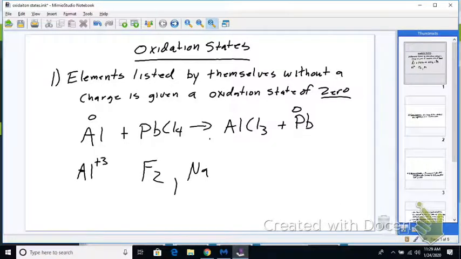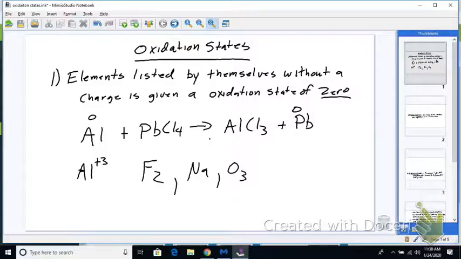I think you get the drift of it. Ozone, O3, 0. It's only not 0 if they have a plus or minus on the top. If you only see one element and you don't see a charge, it's always 0. Even if there's a 3 subscript, 2 subscript, or 8 subscript, like sulfur, I think, can be S8 because it's an allotrope. We don't get into that. They're by themselves, so they're 0.